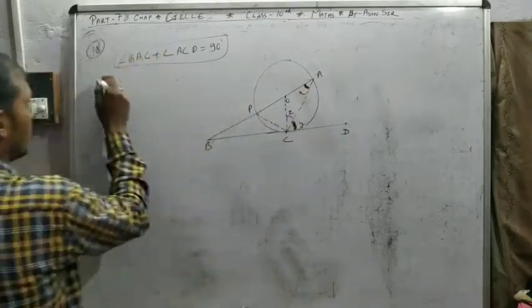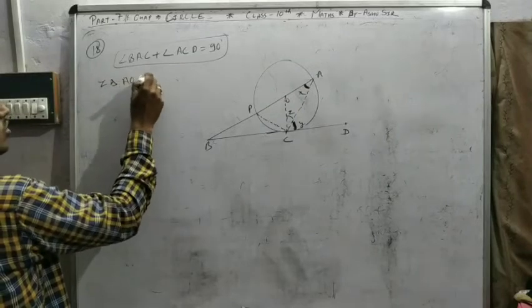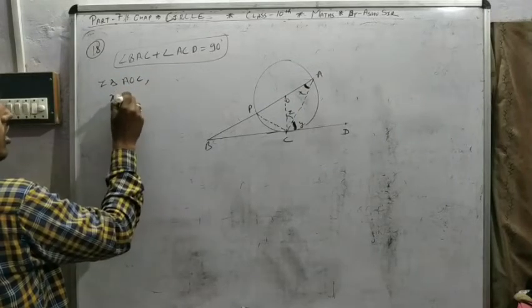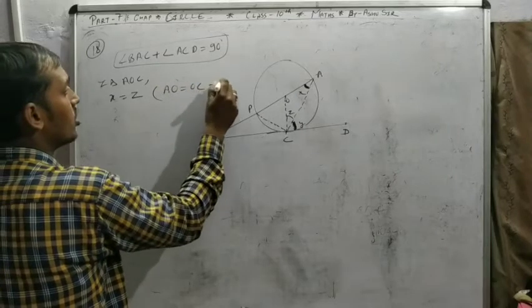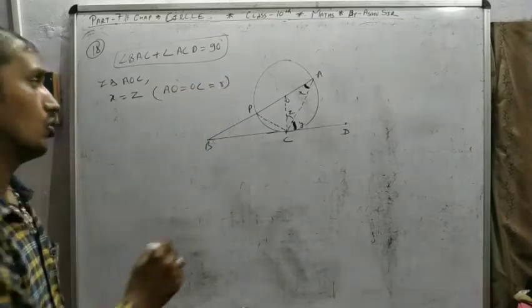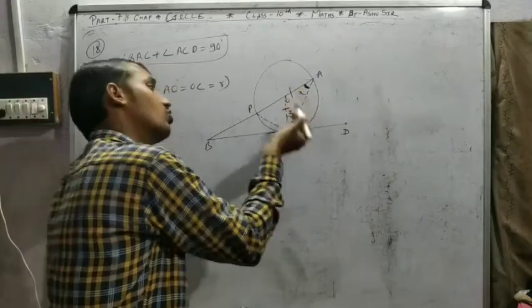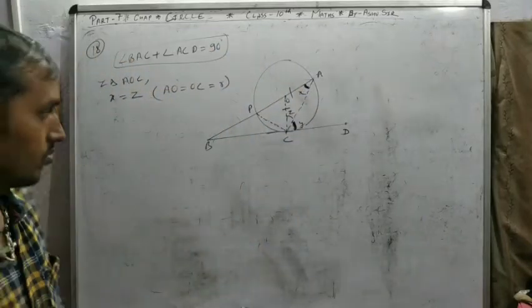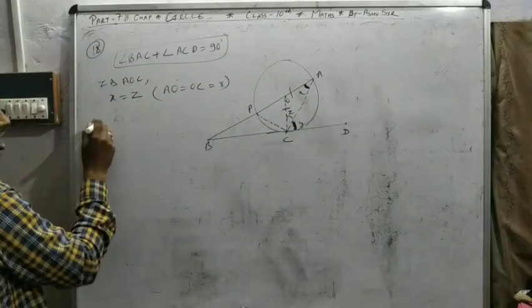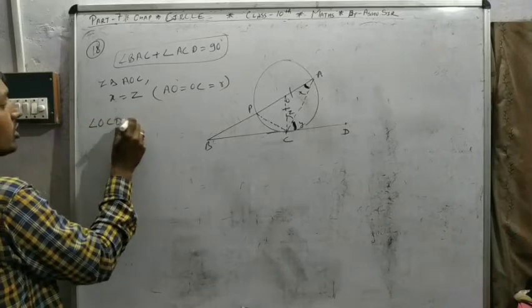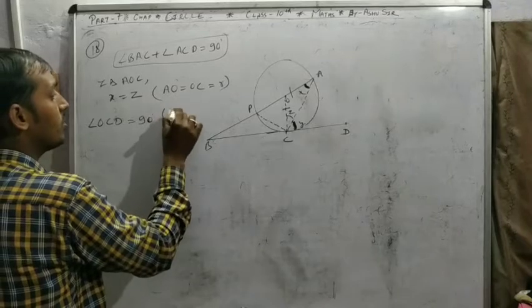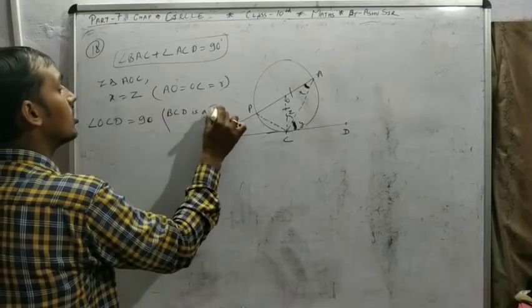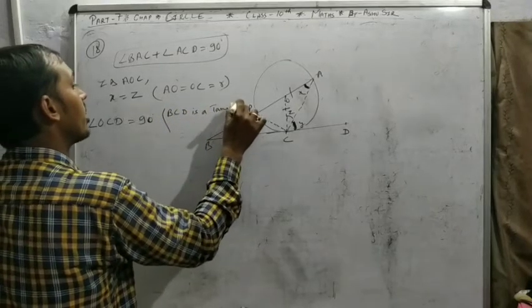Why? Let x, y, z. In triangle AOC, x is equal to z, why? AO is equal to OC, radius. Two sides equal, two angles equal. Angle OCD is equal to 90, why? BCD is a tangent.